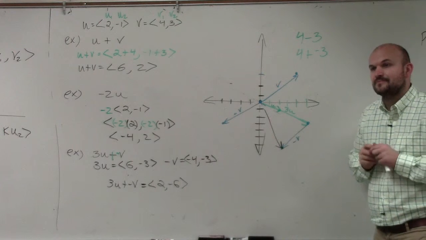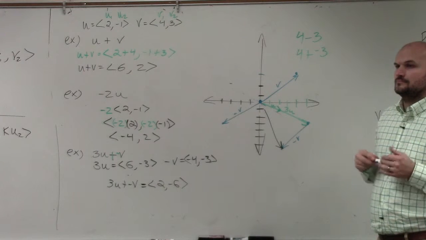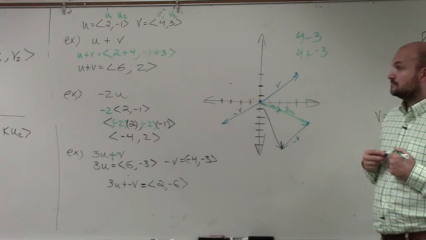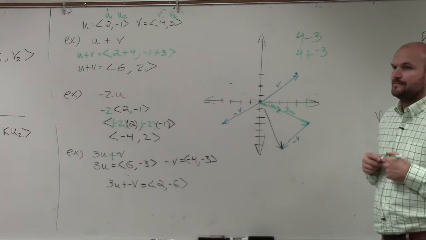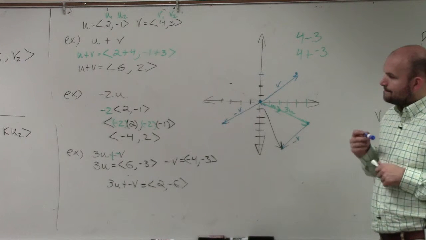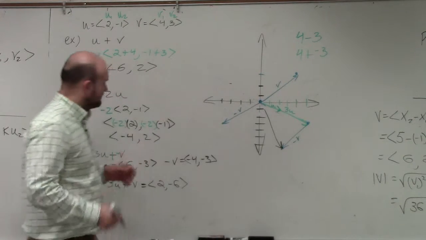Yes. The way I did it was I kept the 3 out, and then I did the subtraction in there, and then multiplied by 3. Why can't you do it that way? Because you're not subtracting, because that's like doing this.